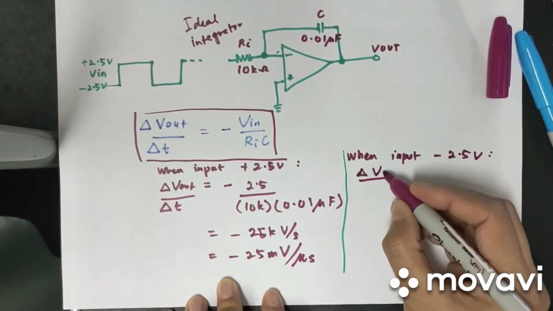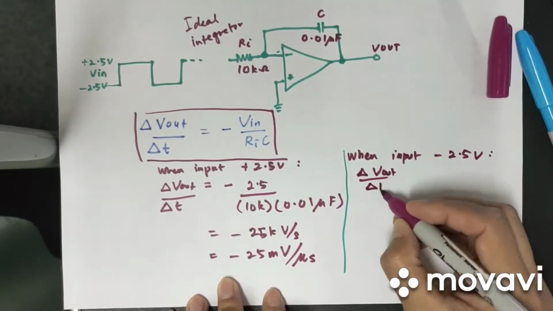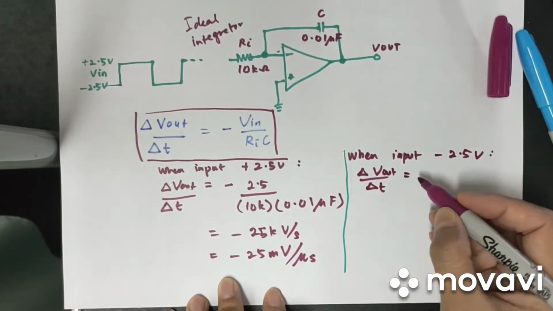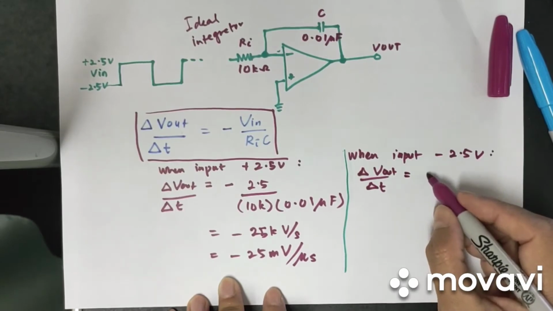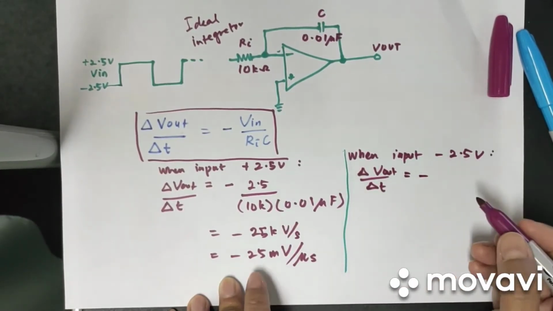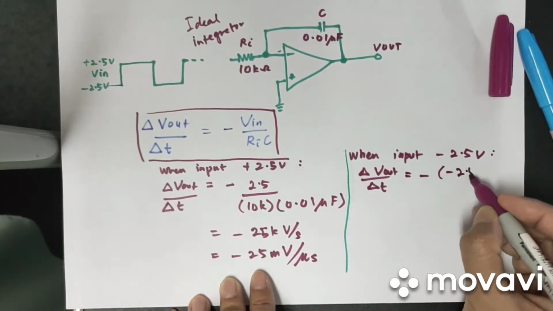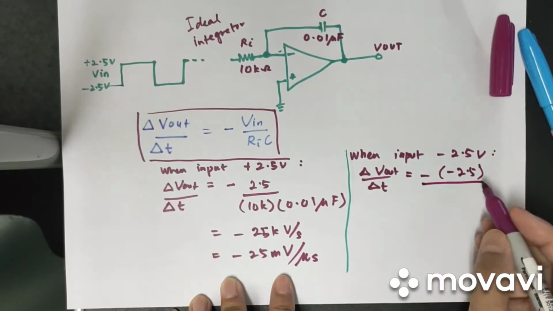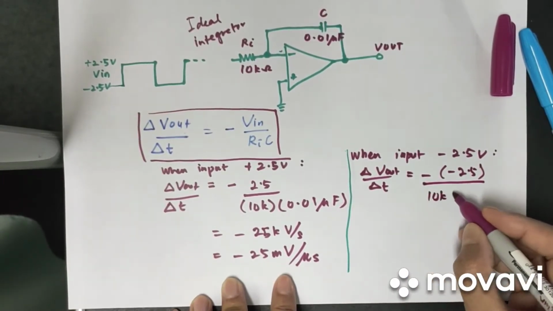Substitute into the formula. Delta V out over delta T equals negative, this time the input is negative, 2.5 volt divided by 10 kilo.